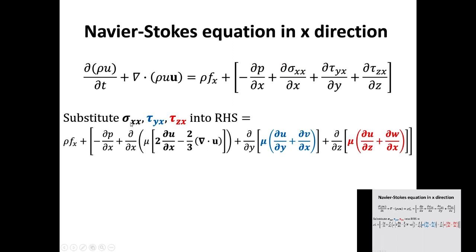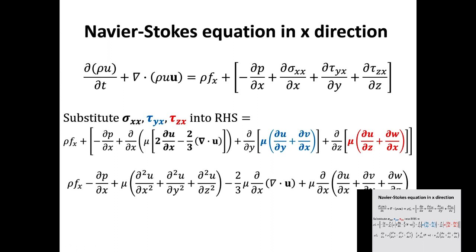Therefore you substitute sigma xx, tau yx, and tau zx in the right hand side of this equation with what you just wrote before, and that's your momentum equation. Now this equation is called the Navier-Stokes equation.